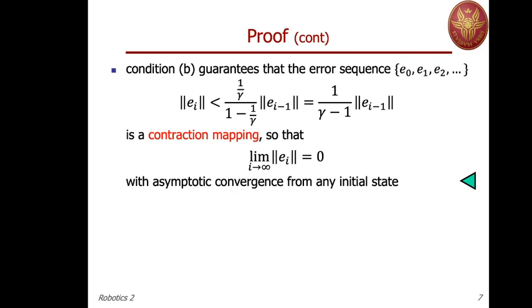We will have that from one iteration to the other, the error will contract towards 0. So this is in fact a contraction mapping, so eventually it will converge to norm of the error equals 0, which is exactly the thesis. So we have achieved asymptotic convergence, asymptotic as iterations pass by.